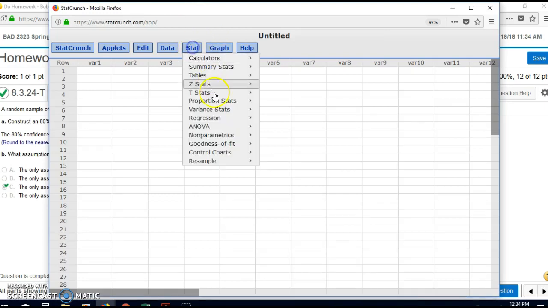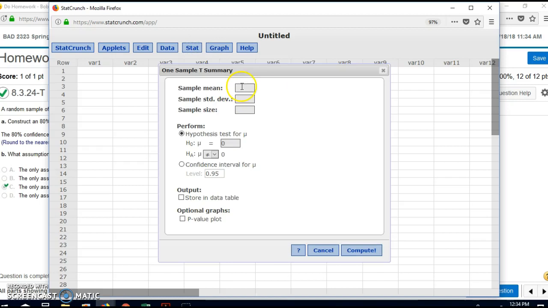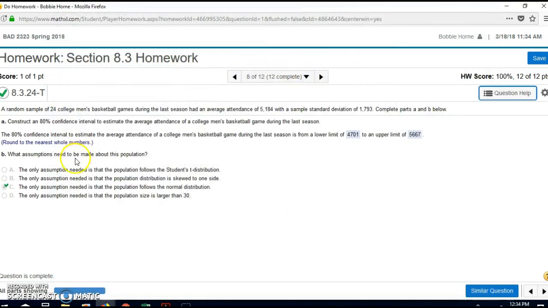You would go to Stat, T-Stats, One Sample with Summary, and you would put in mean, standard deviation, sample size, and change your confidence interval and hit compute. And we always assume the population follows a normal distribution.